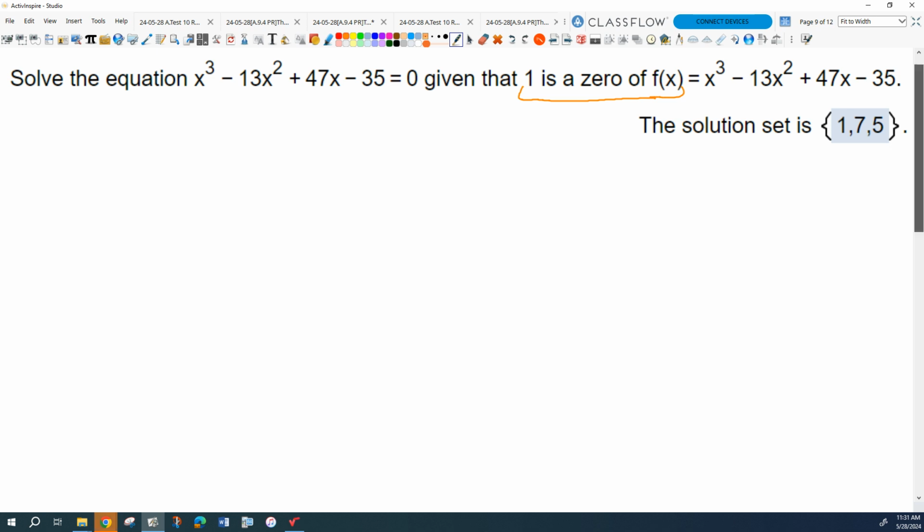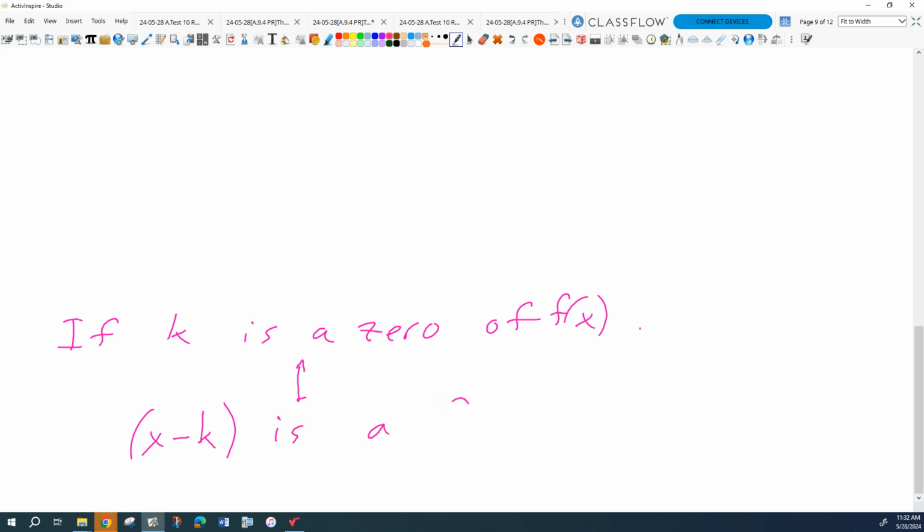Let me remind you, the factor theorem, stuff we talked about last week: if k is just a number, any number, and the number k is a zero of f of x, then what goes with that? Yeah, exactly. Then x minus k is a factor of f of x. They always go together, right?